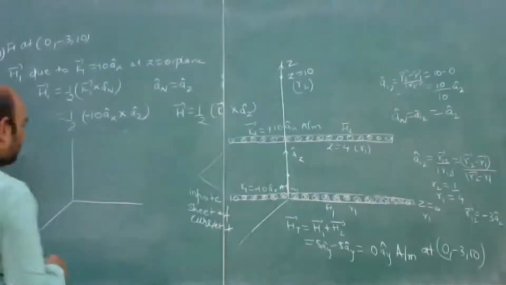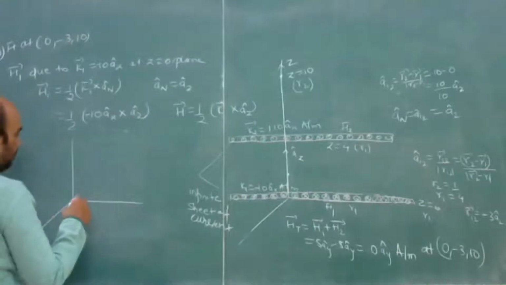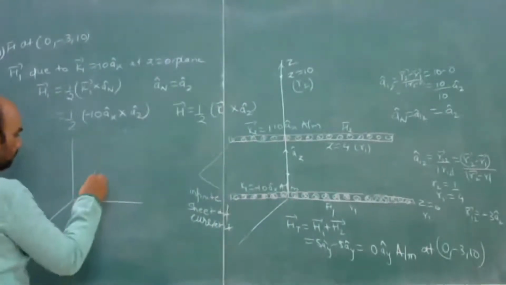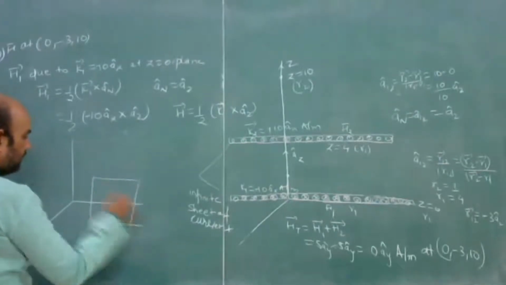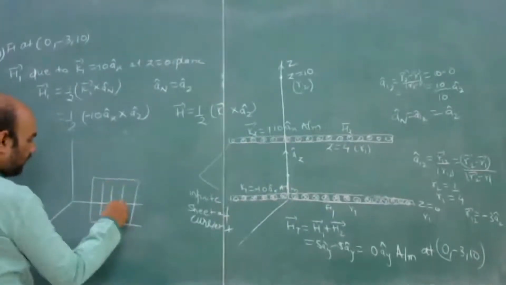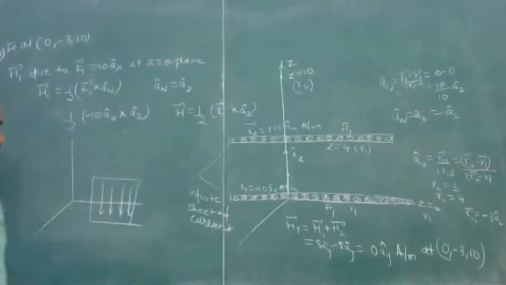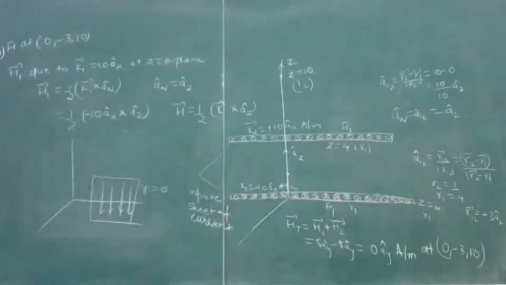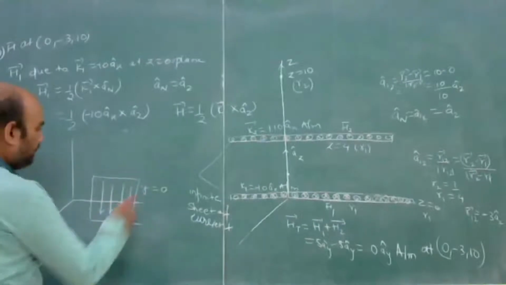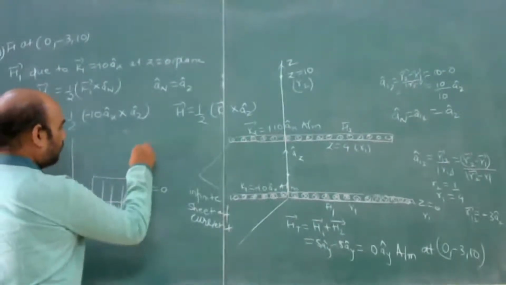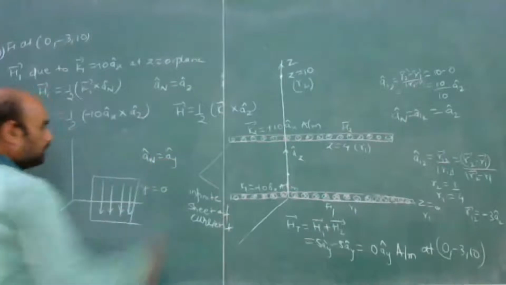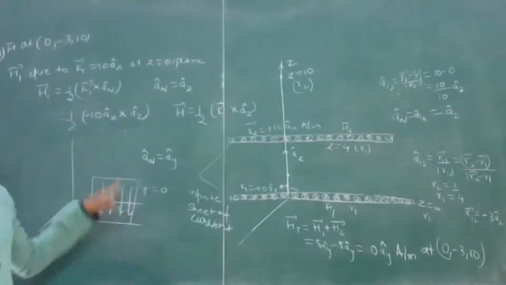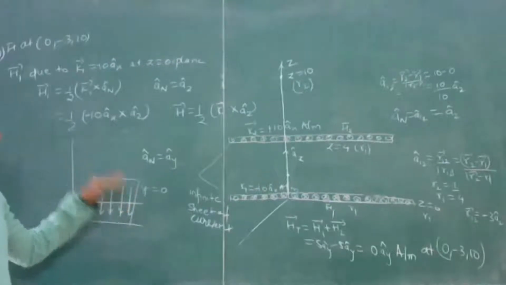If our sheet of current is kept along the y axis and current is flowing along the x axis, so it is at y equal to 0, then An will be the normal unit vector, the unit vector normal to the plane in which this sheet of current is placed.